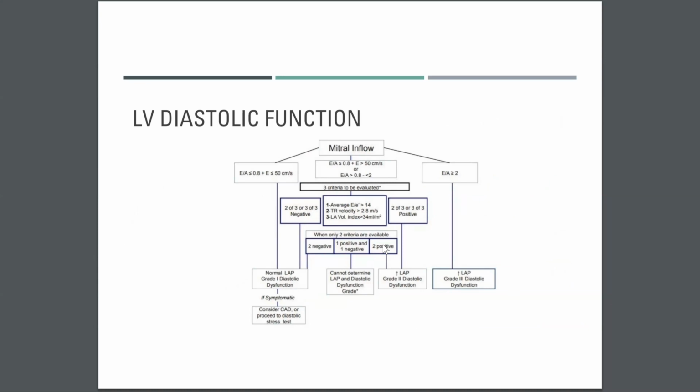We all have different feelings about how to grade things, but in general, this is the sort of flow chart that we follow. Grading of diastolic dysfunction is important in dilated cardiomyopathy, as I will present later on, because it's one of the markers of poor prognosis. That's why it's important to not forget this.